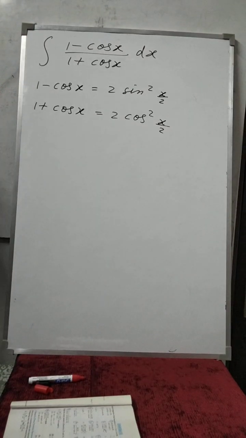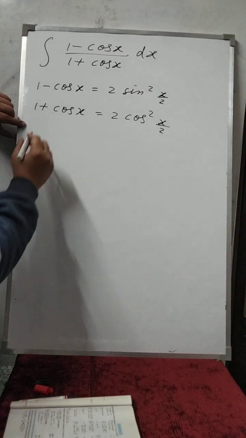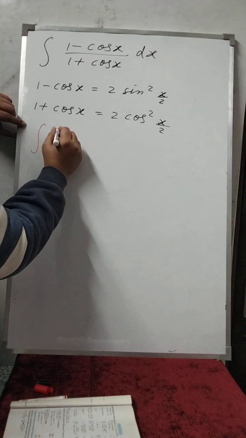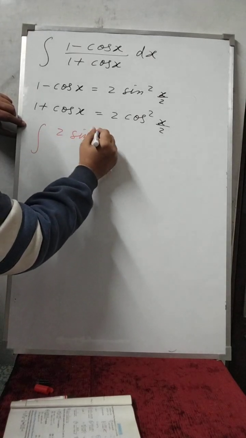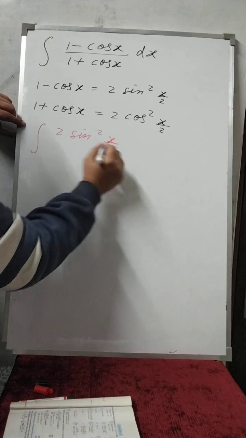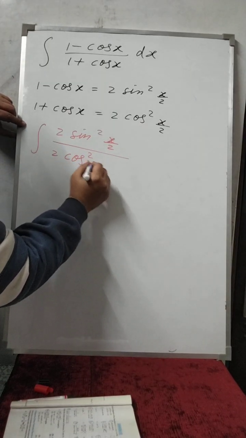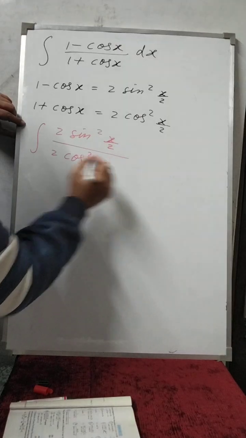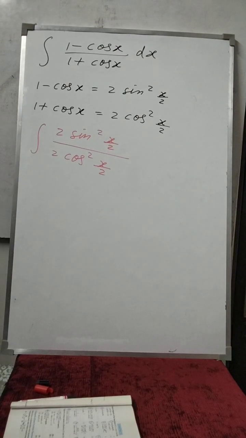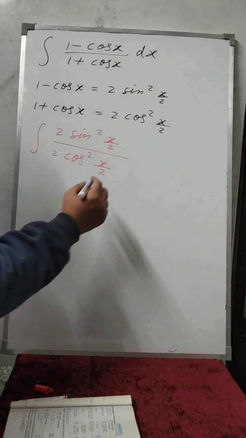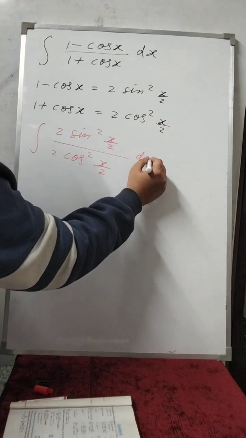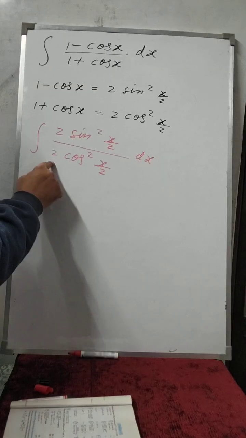So applying these two formulas, my question reduces to integration of 2 sin square x by 2 divided by 2 cos square x by 2 dx. So 2 and 2 will get cancelled.